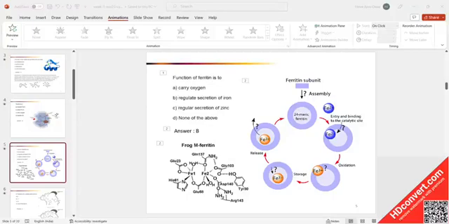Carboxypeptidase exists in two forms, carboxypeptidase A and carboxypeptidase B. Carboxypeptidase A cleaves peptide bonds. Peptide bonds link long chains of amino acids, which have a C terminal and an N terminal. So it cleaves peptide bonds, the amide linkage in the peptide bonds. It contains zinc for this mechanism, in the plus 2 oxidation state.